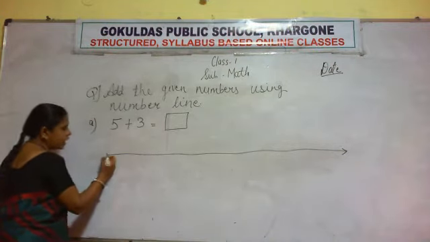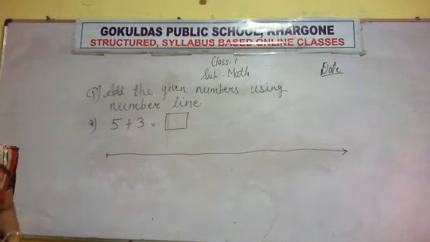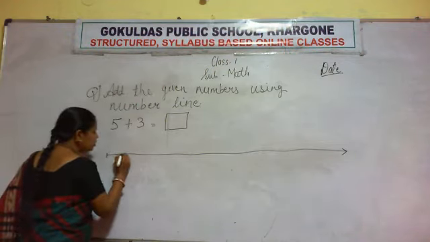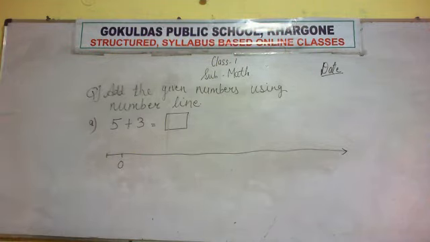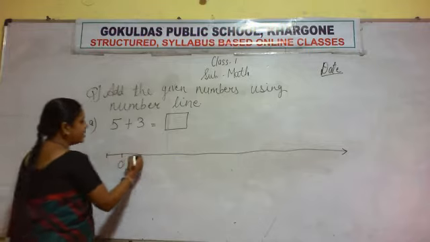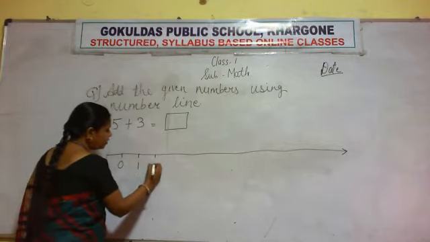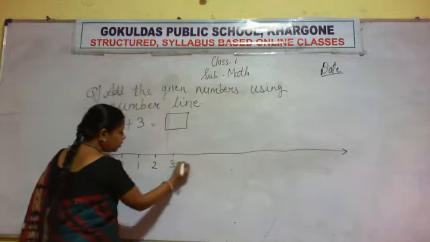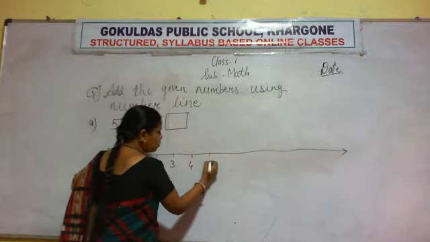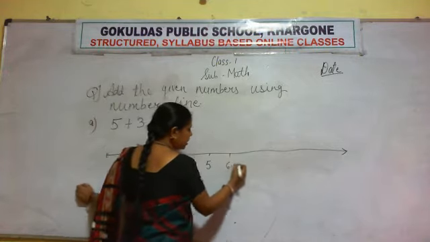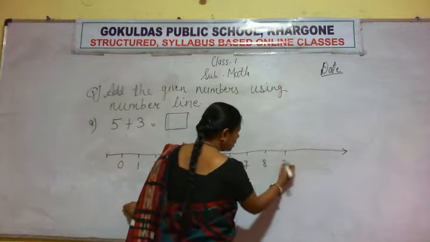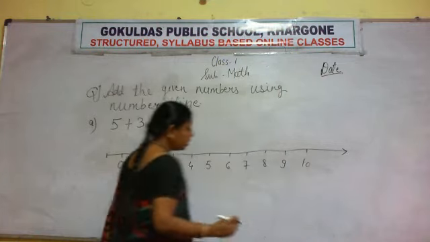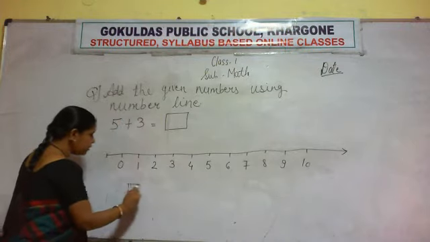So draw a straight line and write numbers from 0 to 10. You take one box for each number and write the numbers. Start writing 0, 1, 2, 3, 4, 5, 6, 7, 8, 9 and 10. Okay. In this way you write the numbers.